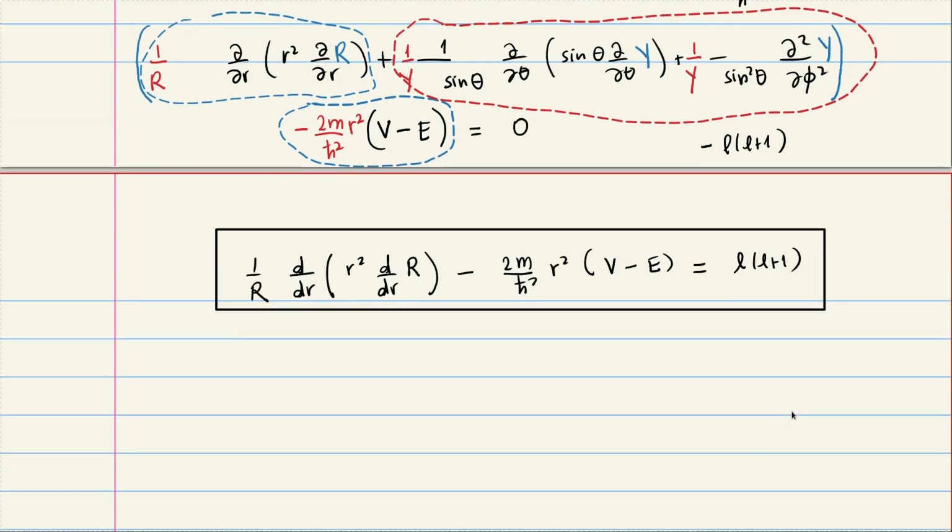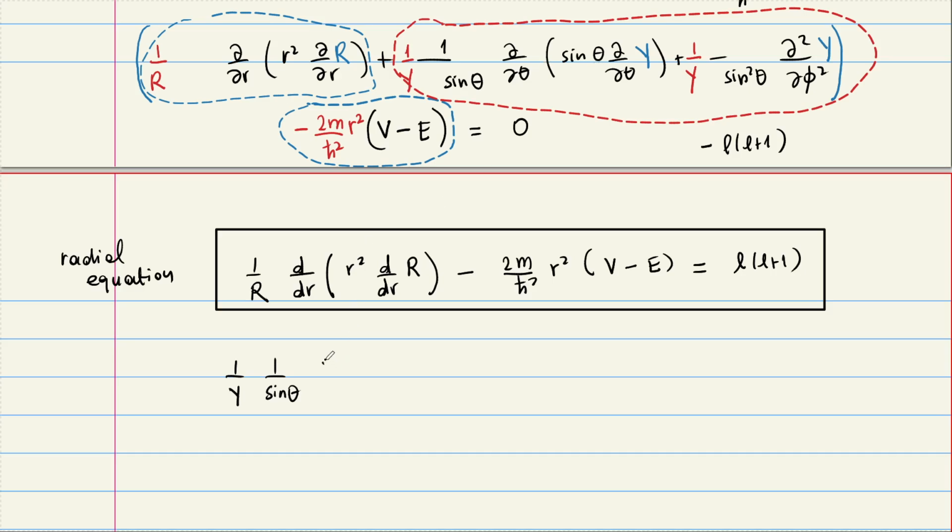So this is the radial equation. That's the name. And the second part is 1 over Y, 1 over sine theta. Here I still need to keep the partial derivative because Y depends on theta and phi.